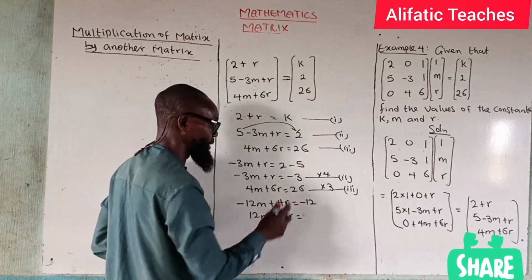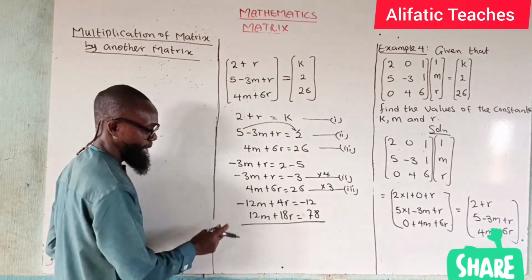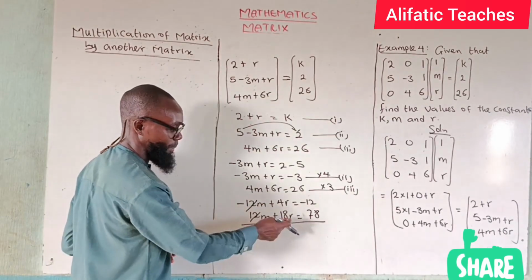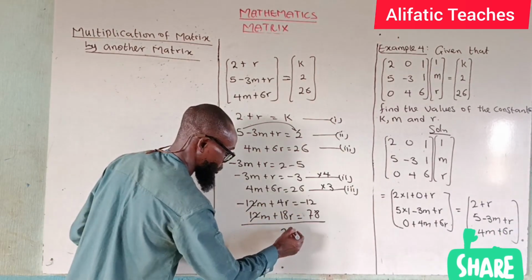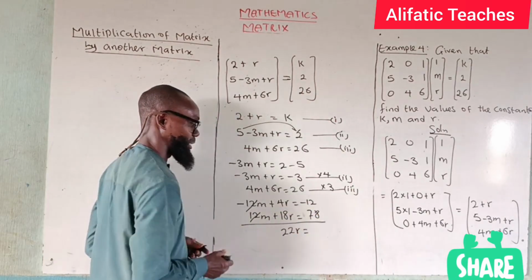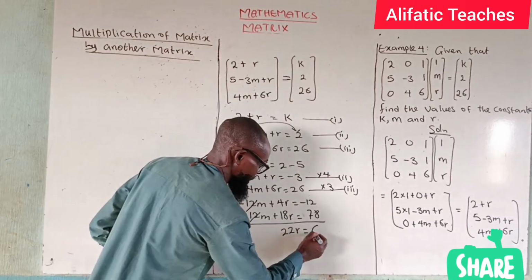Now 3 times 26, I have 78. Now minus 12m plus 12m cancelled, plus 4 plus 18, that is 22r. Now minus 12 plus 78, if you take away 12 from 78, we have 66.